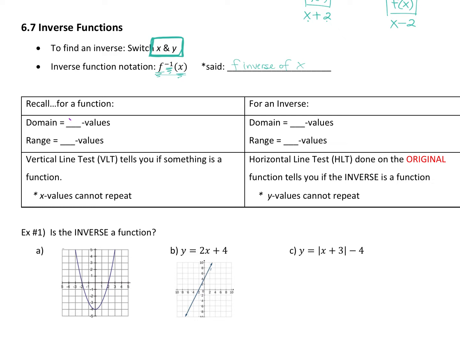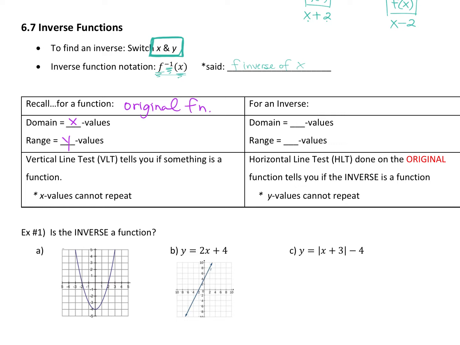The x values, okay? We're talking about the original function because there's going to be a new function. The domain was the x values. The range was what? The y values, yeah. So in a regular old function, domain is the x values, range is the y values.